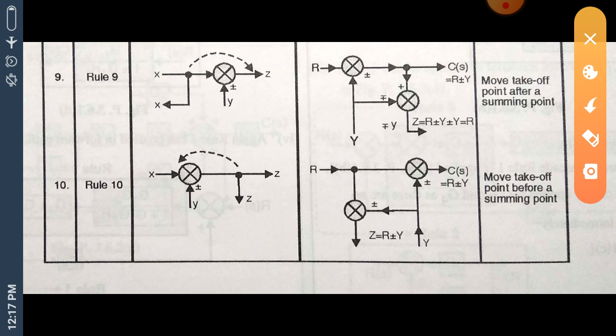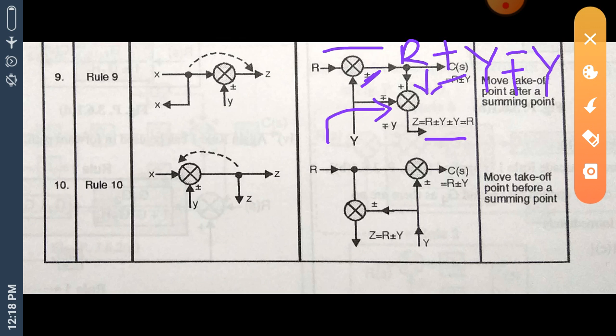But here we have to see that the function Y which is input to this summing block is in negative positive fashion. So the overall input of this particular Z block will be R plus minus Y. This plus minus Y comes from this path, and this Y will also go to the summing block in negative positive fashion.